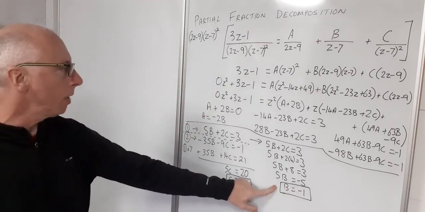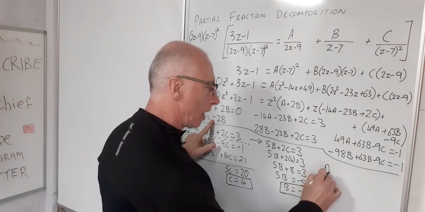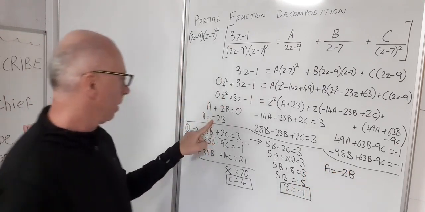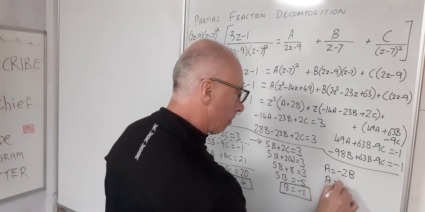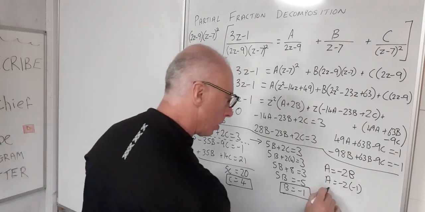Well, if b equals minus 1, I can plug that into this one here if I like. So a equals minus 2b. b is minus 1, so a equals minus 2 times minus 1. So therefore a equals 2.